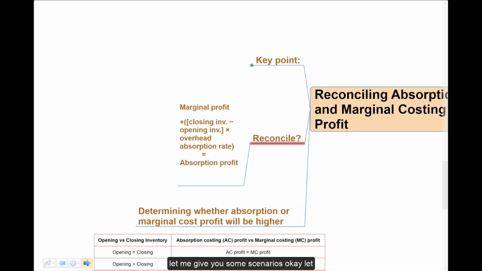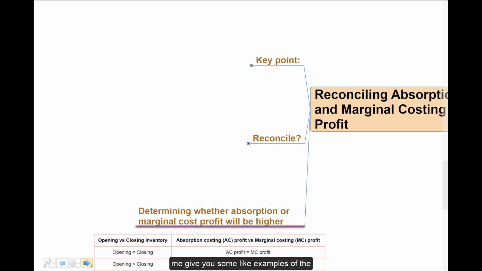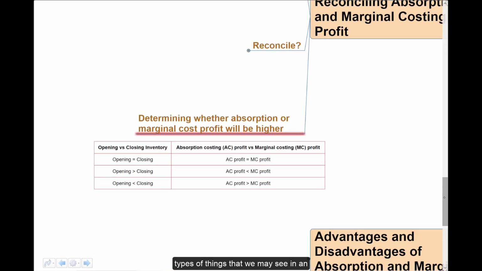Now, let me give you some scenarios, some examples of the types of things that we may see in an exam. If we know this rule, we might get closer to an answer. So if we're trying to determine whether absorption or marginal costing profit will be higher, then certainly we look at opening versus closing inventory.